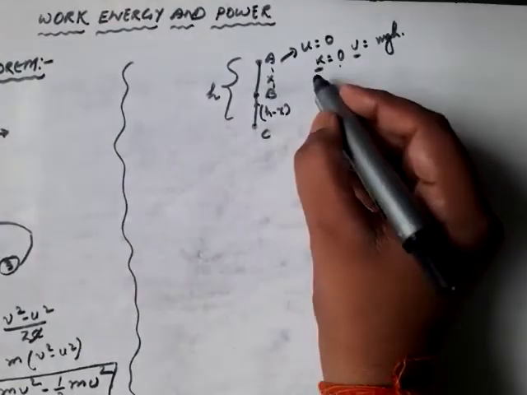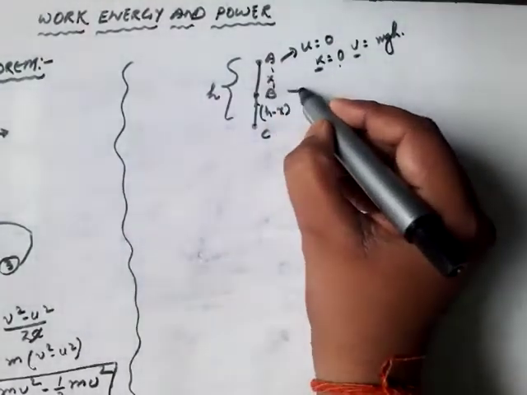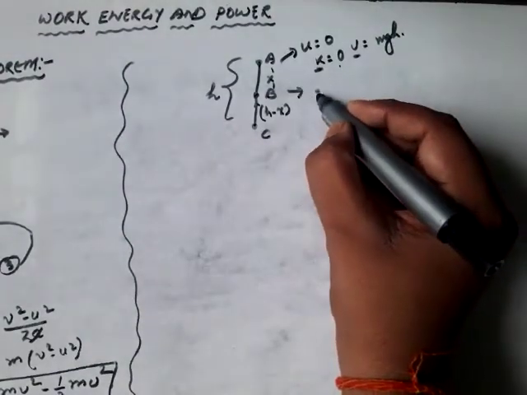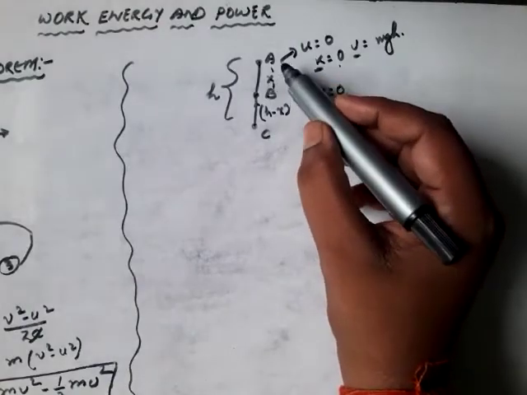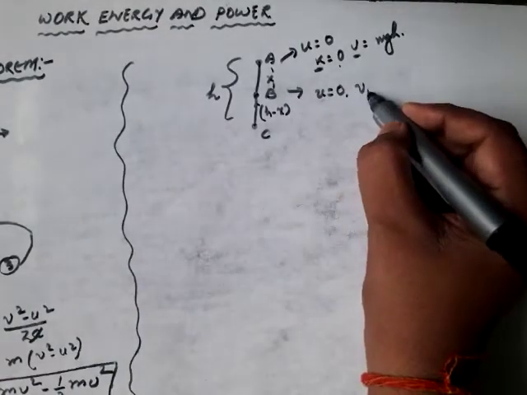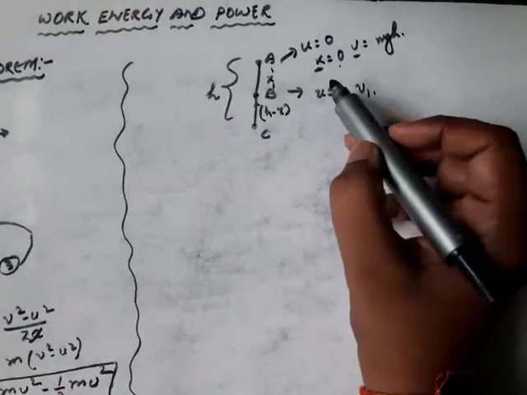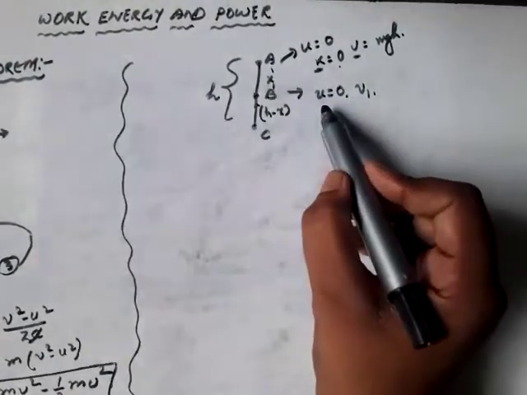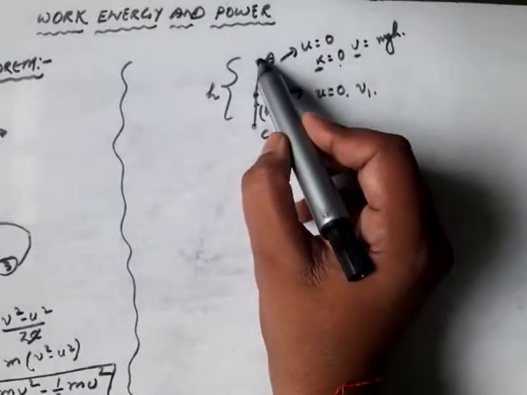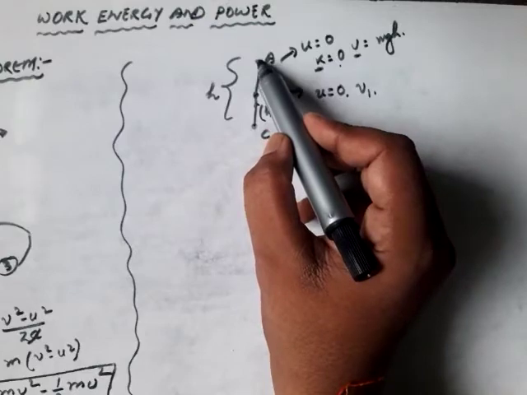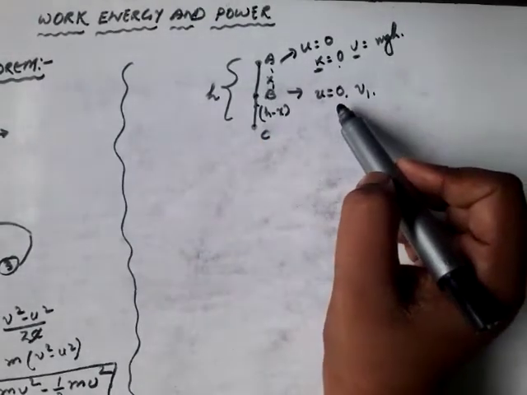It falls freely with initial velocity u, and in this case u is 0, because the body is at rest at point A. Suppose it acquires a final velocity v1 as it comes downward and reaches point B.